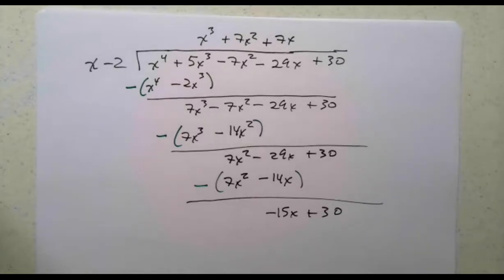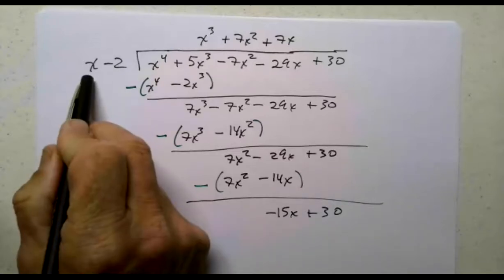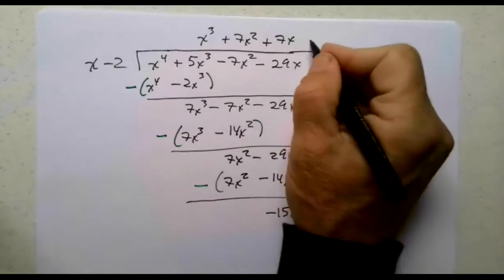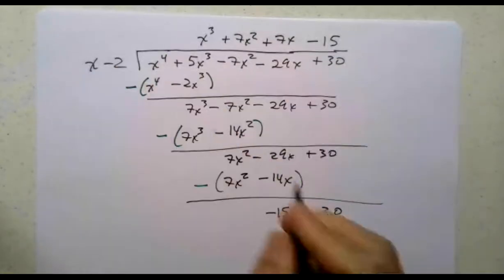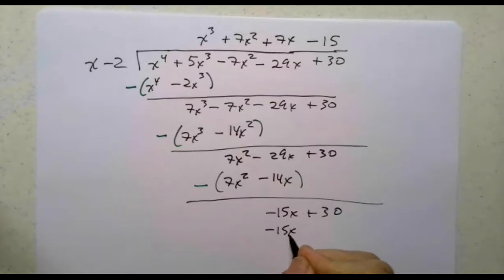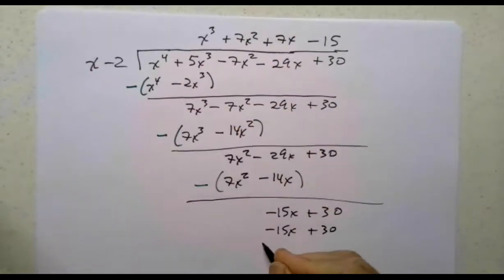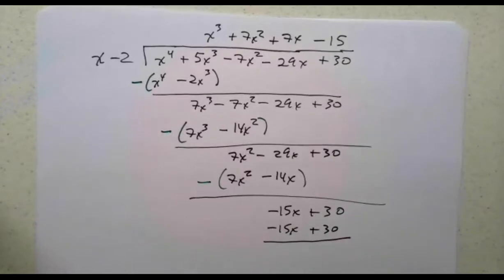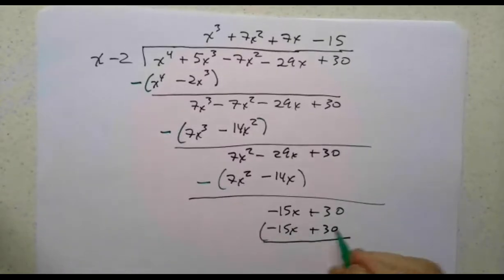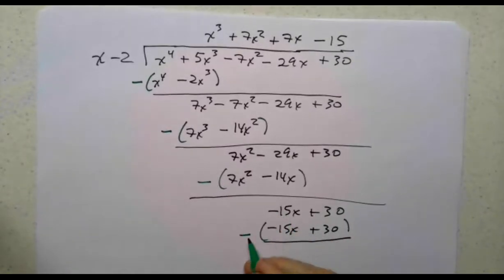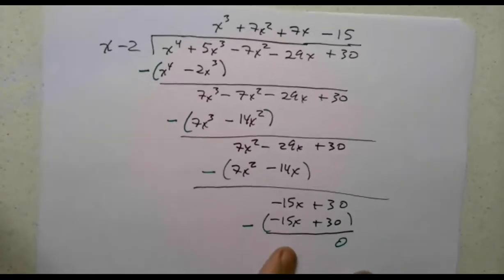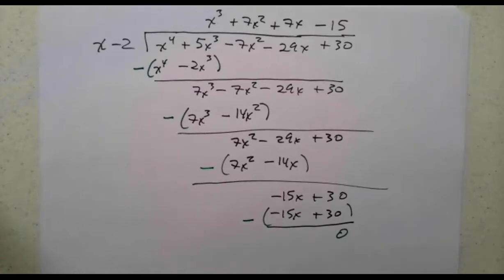And then we divide, for the last time, negative 15x divided by x is negative 15. Negative 15 times x, negative 15x, negative 15 times negative 2, plus 30. So many places you can make a mistake with a sign. But you will see when you subtract negative 15x minus negative 15x, 0, 30 minus 30, 0. The remainder is 0. When the remainder is 0, we conclude, yes, x minus 2 is a factor.